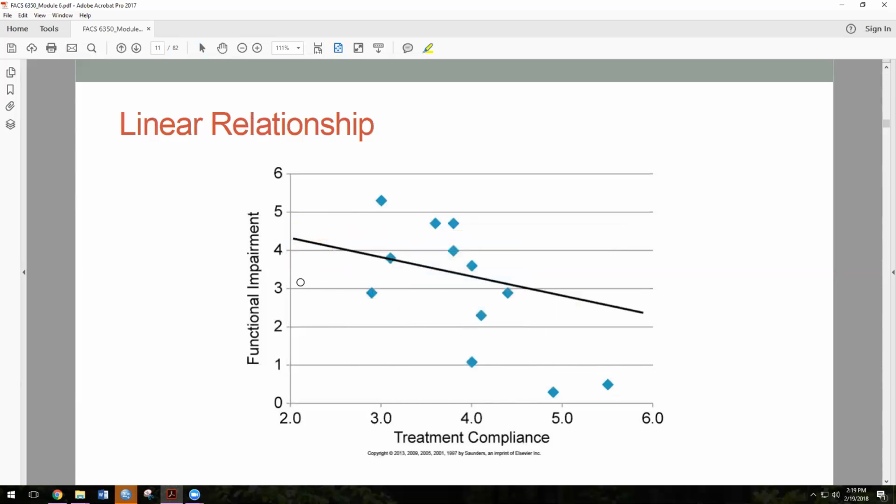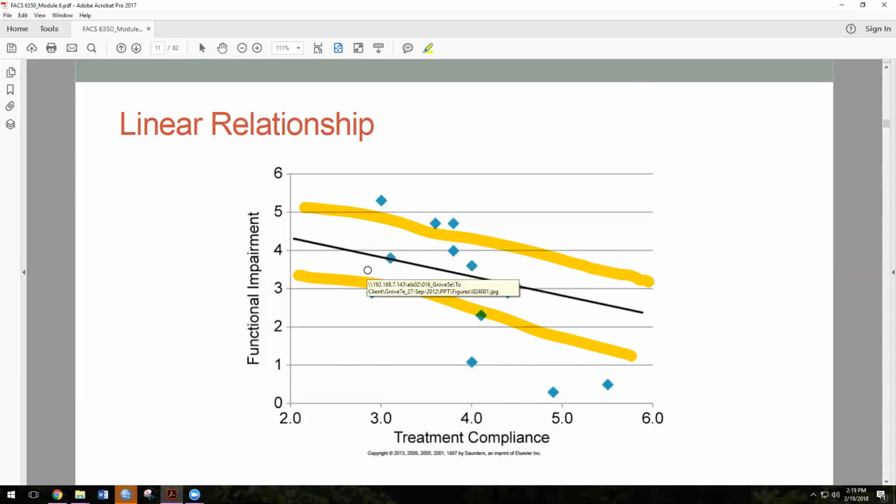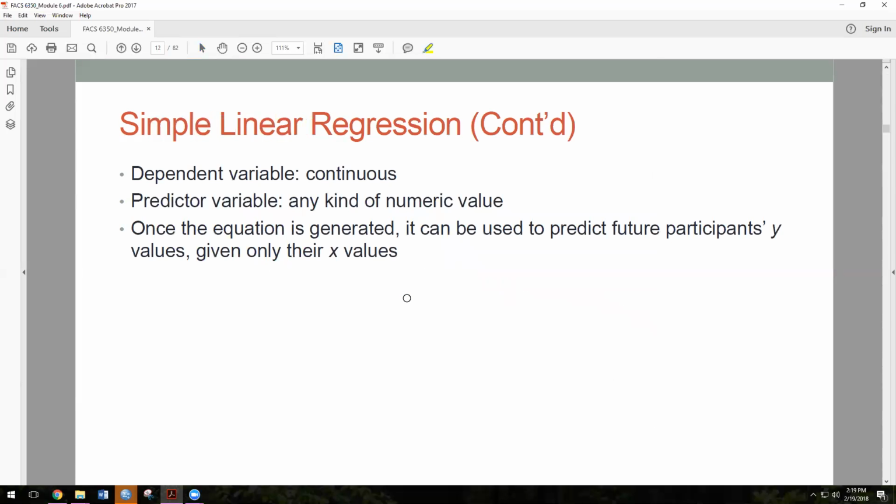Okay, now I want lines that have the same gradient or the same slope, but different intercepts. That's supposed to be a straight line. And now they're parallel to each other because they have the same slope, but they don't intersect the y-axis at the same place. So the slope would be the same, but the predicted outcome is not.